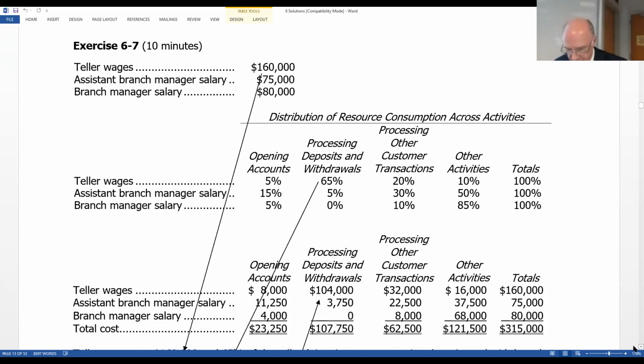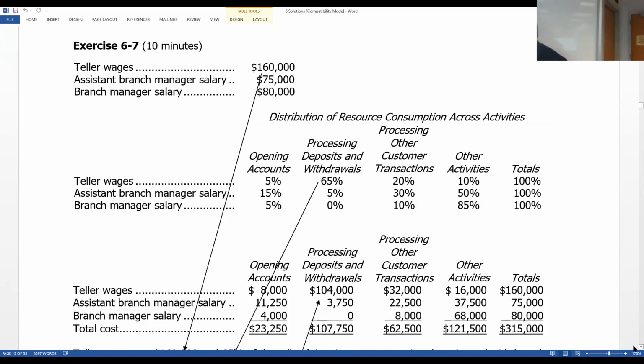And 160,000 times 65%, what do you think that would be? 104,000. Yeah, 160,000 times 65%, 104,000. So you get all of these by doing the same thing. You multiply whatever the total is times the appropriate percentage, and you come up with these numbers.